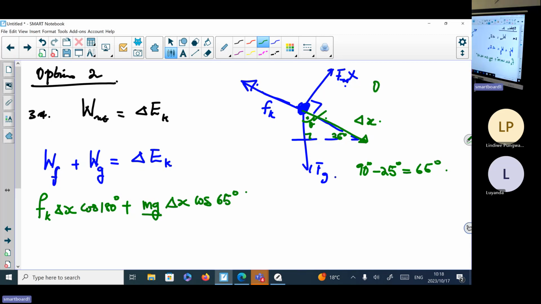Using the sum of the interior angles of the triangle, this is 90, this is 25, so 180 minus 90 minus 25 becomes our angle between the gravitational force and the displacement, and that is precisely 65 degrees.